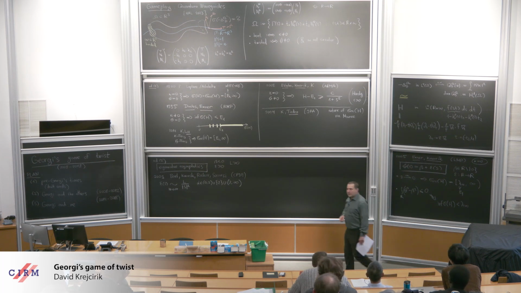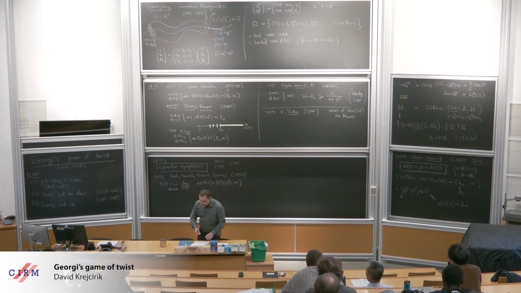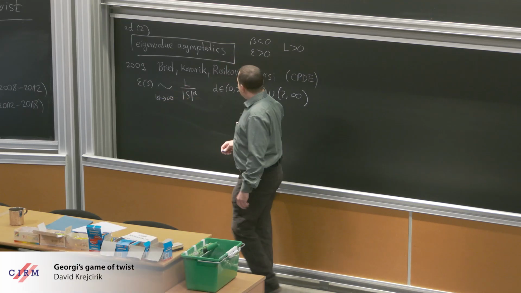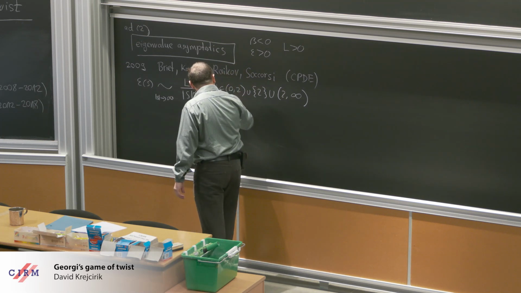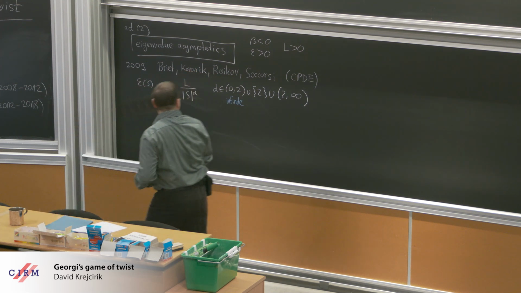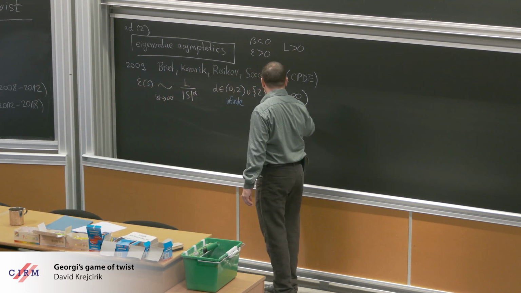So they answer this question. In this situation, when the twisting decays to 0 somehow slowly, you have an infinite number of eigenvalues. And in this situation, you have just a finite number of eigenvalues.